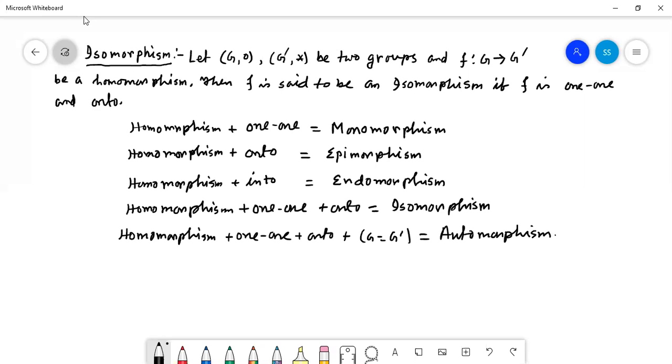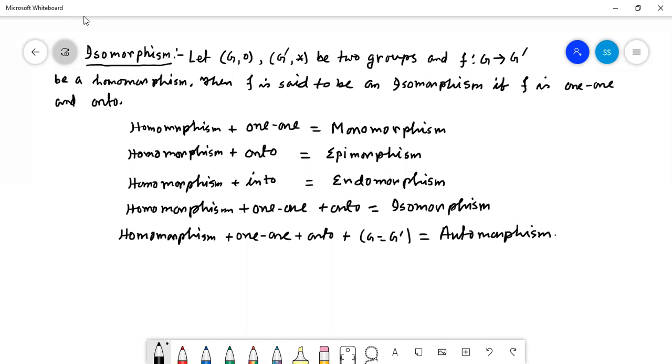Is it clear? So all those morphisms depend upon 2 groups. Both are groups: G with operation and G star, G with operation and G dash star. And a morphism is nothing but a mapping, which is coming from G to G dash. Both are groups.